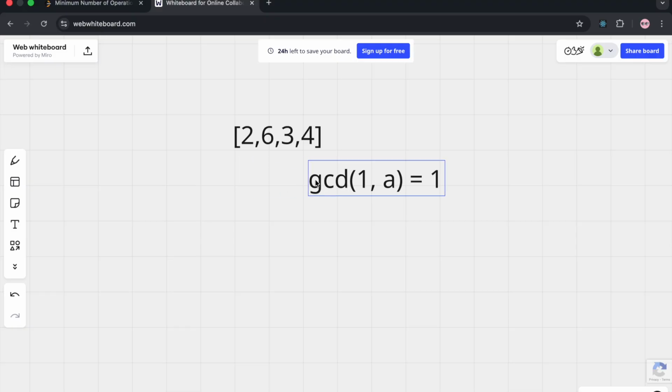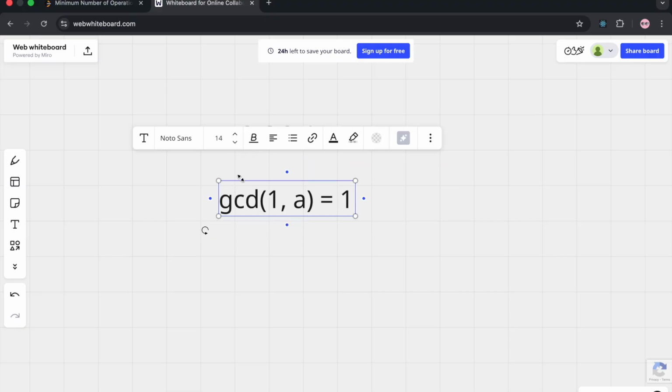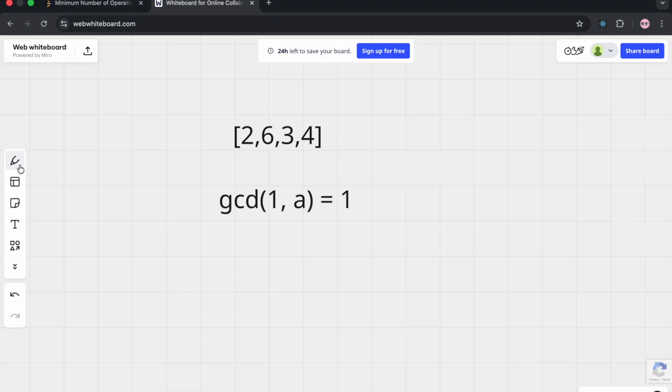From this property we can say, if we get 1 in this array, then the others will become 1. For example, if we get 1 here, then we can take this pair, and when it becomes 1, then we can take the next pair.